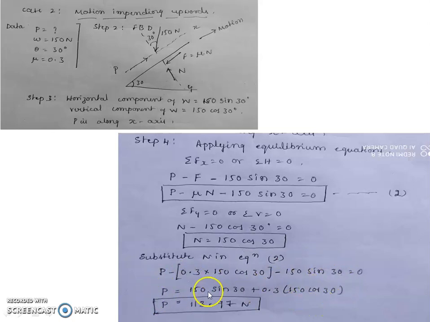I will take these things to the right side. Then P is equal to 113.97 Newton. If I apply the pressure 113.97 Newton, then my block will move upward. That is the force P required to generate the motion towards upside, that is impending motion upwards. This is the P required. Hence the problem is solved.